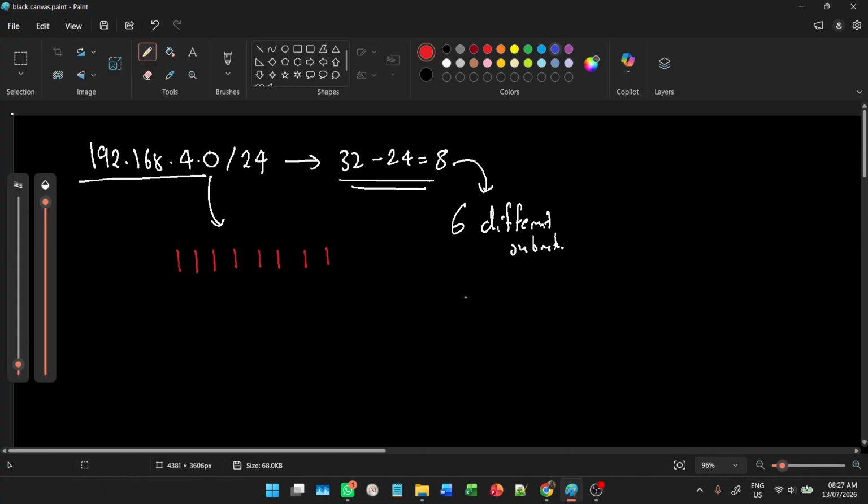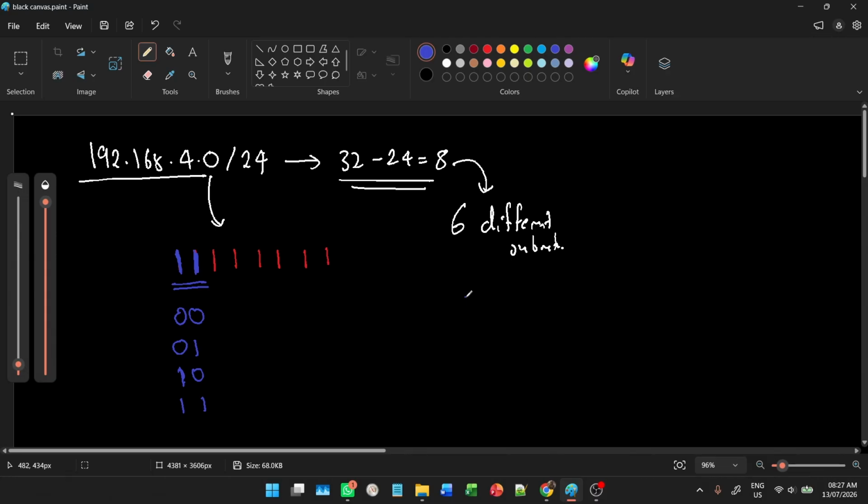Since there's only 6, the ones that are marked in blue are the only ones who will stay stuck, right? So we will make this into a subnet address, so they can be 0, 0, 0, 1, 1, 0, 1, 1, right? So that's how we can do it.